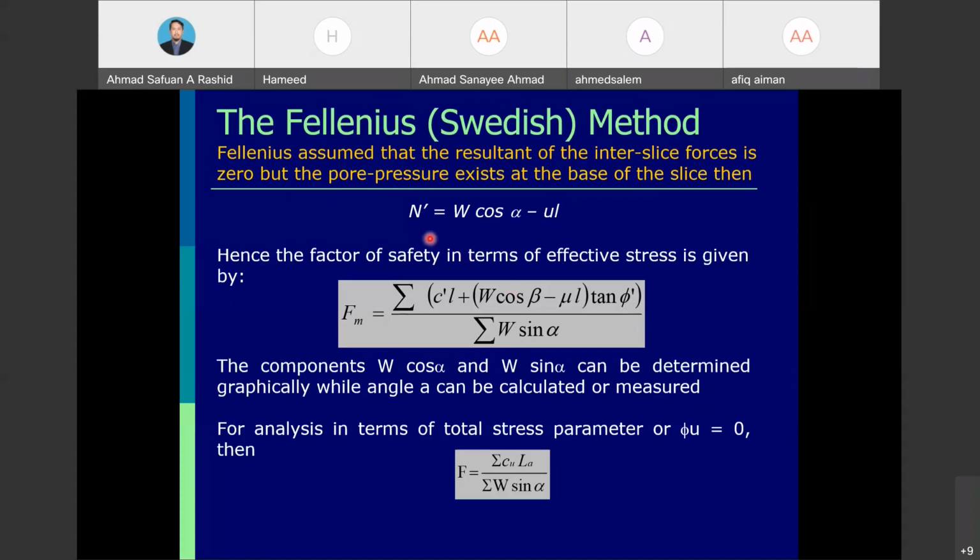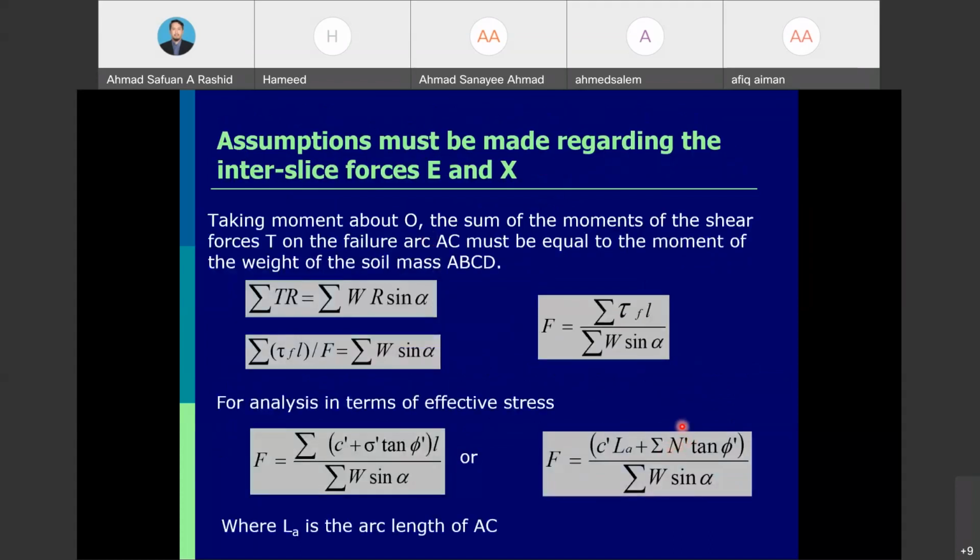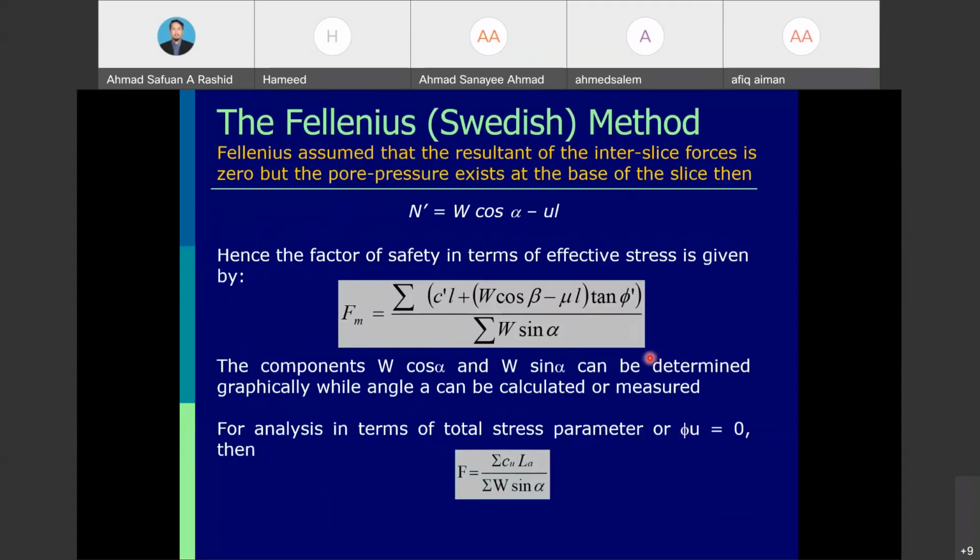From the previous one, it doesn't include any pore water pressure. And by including the pore water pressure, the equation has been improvised. Okay. Sorry, Doctor. So the component W cos alpha can be calculated or measured.